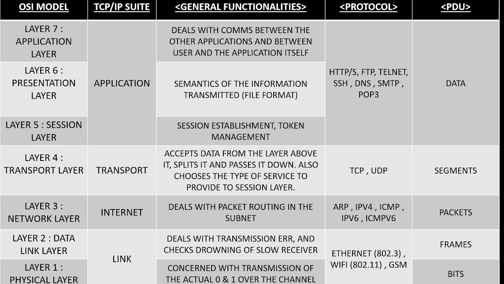the transport layer. A transport layer accepts data from the layer above it, splits the data, and passes the data down. Also, it chooses the type of service to provide to the session layer. The protocols used in the transport layer are also very popular: TCP and UDP, and we are going to go into depth about these two protocols and how they work.